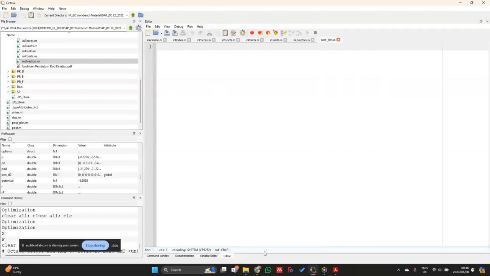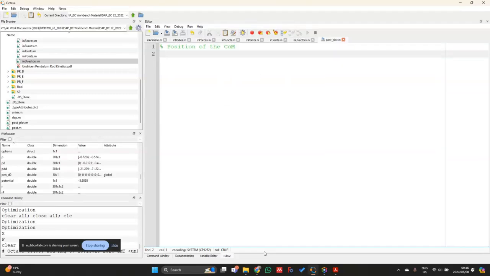Okay, so now I can go and plot some of these functions. So let's perhaps first plot, let's say, the position of the center of mass. Okay, so if you are familiar with Python and its matplotlib functionality, the MATLAB and Octave functionality is more or less the same.